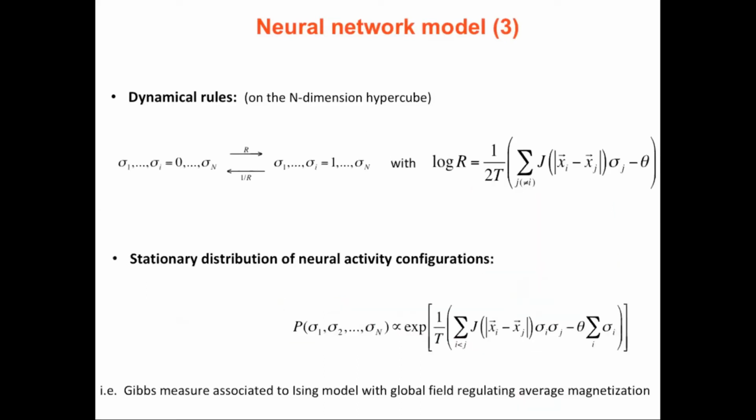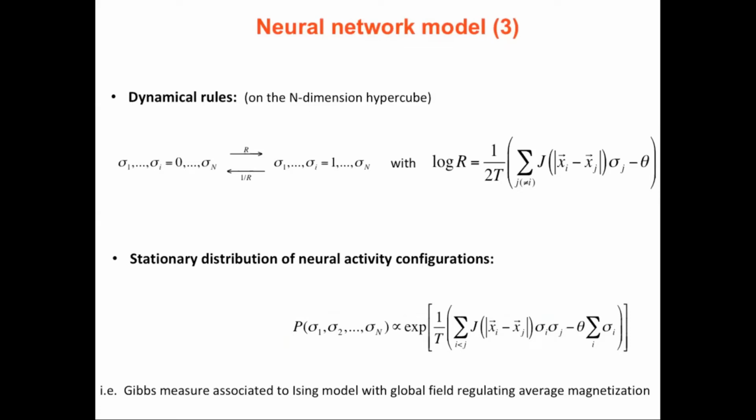Okay, so you know from your knowledge of statistical physics that if you have a model where these dynamical rules are obeyed, and the neuron i is selected randomly over time and then updated according to this rate R, then at sufficiently long times there will be a stationary distribution for the neural activity configuration, which is defined by the Gibbs measure shown here.